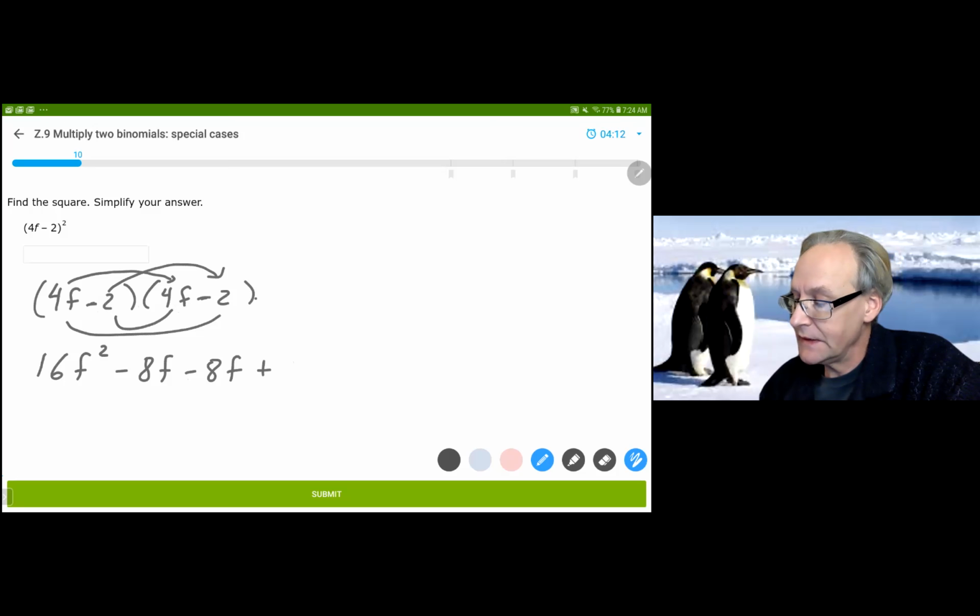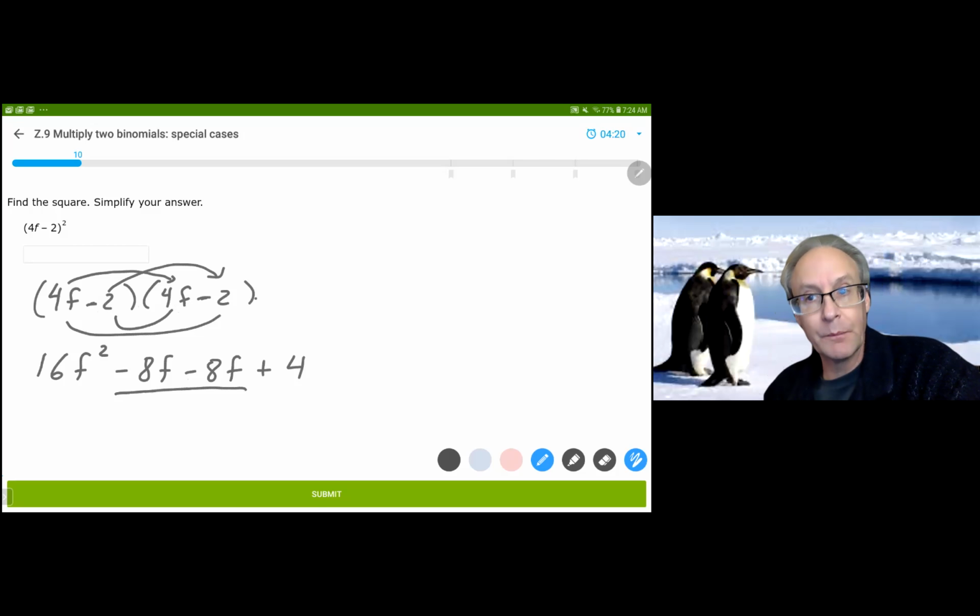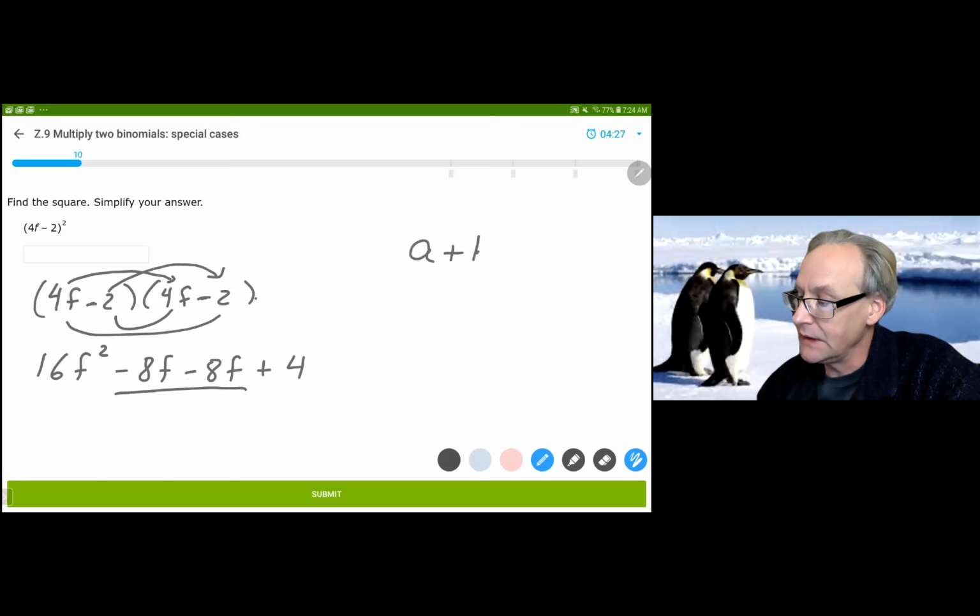So there's two things that are always going to be true. You are always going to double the product to get your middle term. Double the product of the two parts of this. So if I take a plus b squared, or a minus b squared, same thing, I always get a squared plus double the product plus b squared.